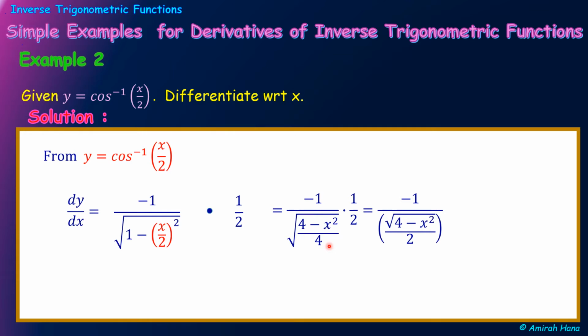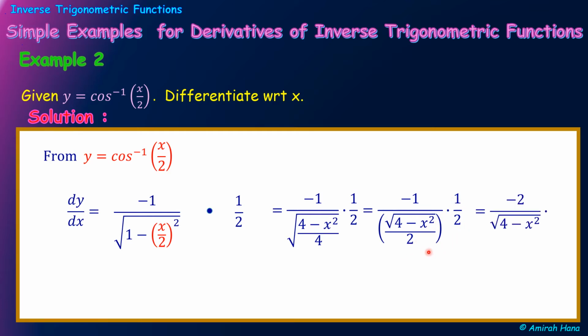Square root of 4 we can simplify, so we get 2, no more square root. So now we get -1 over square root of 4 minus x squared, all over 2, times half.